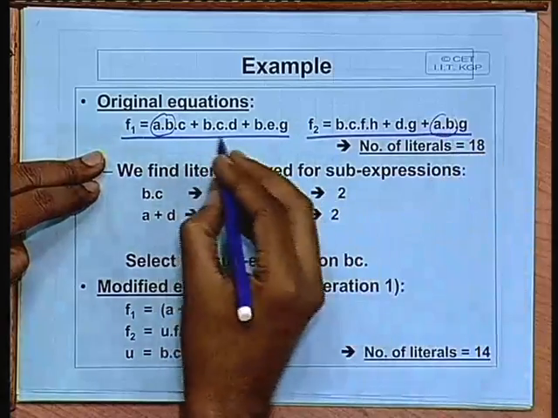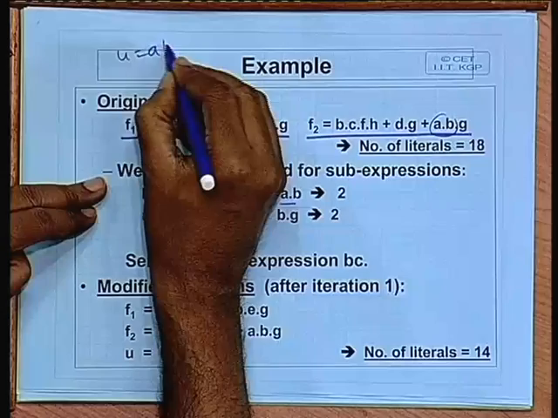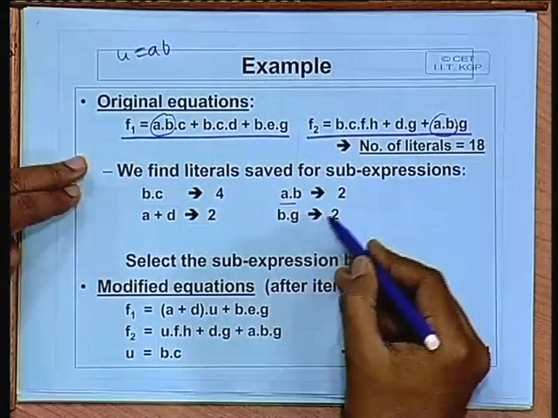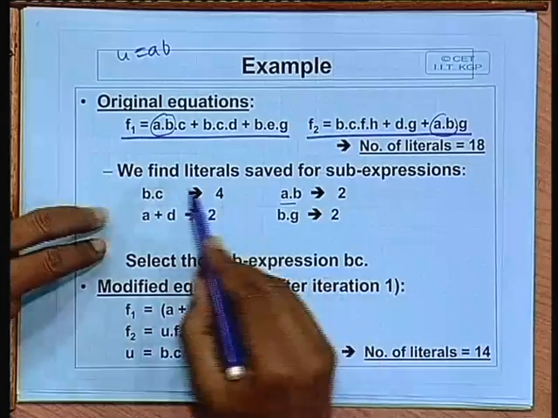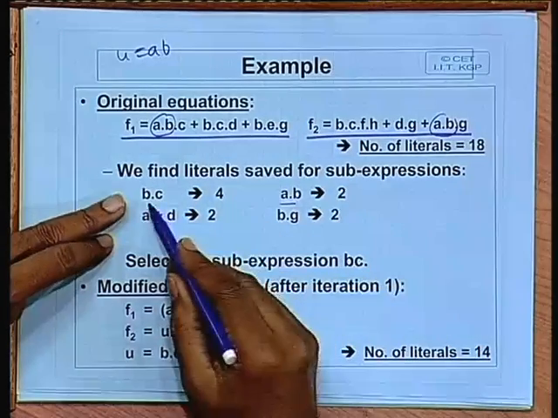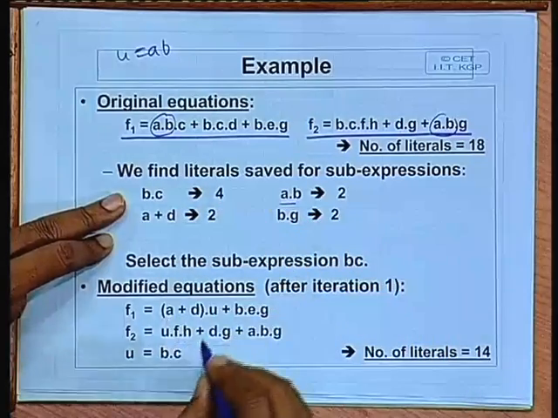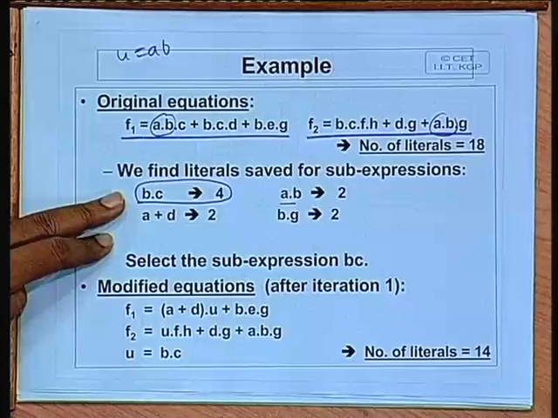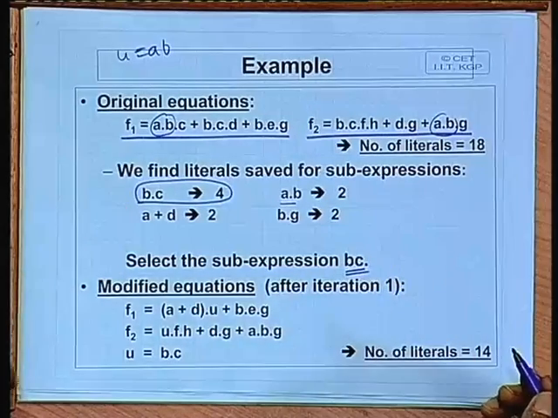Suppose you write U equal to AB and use U here as well as here, and you count how many literals you are saving in the process. So, this process you repeat for all the possible sub expressions. You find that for this particular example BC gives you the best benefit. So, you select the sub expression BC.